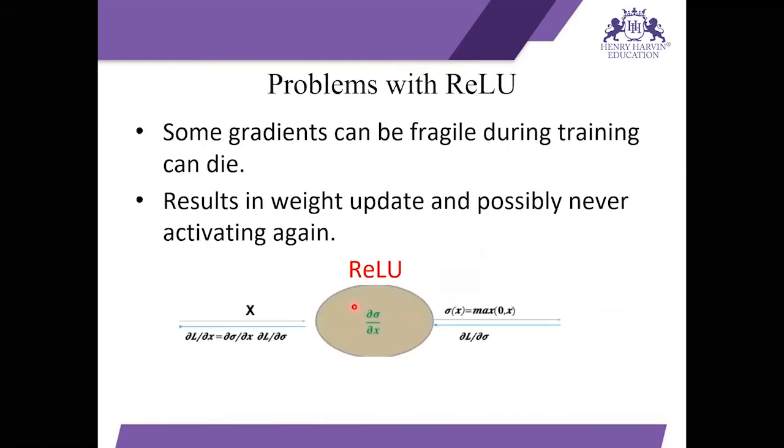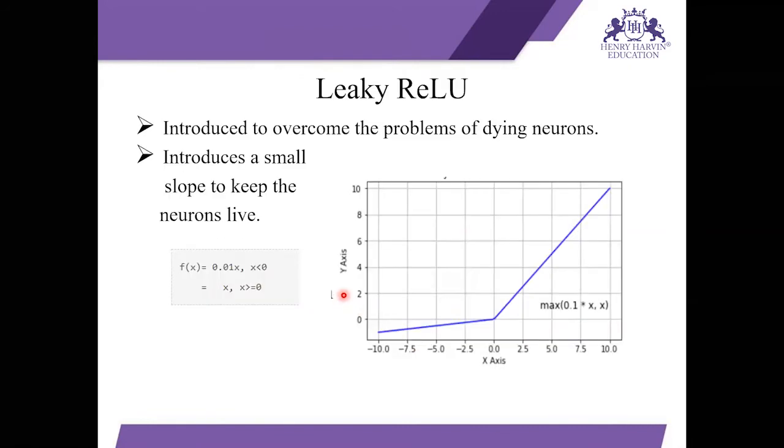Now the problem with ReLU is that some gradients can be fragile during training and can die. It results in weight updates possibly never activating again. So to improve that problem, leaky ReLU has been introduced. It is an improved version of the ReLU function.